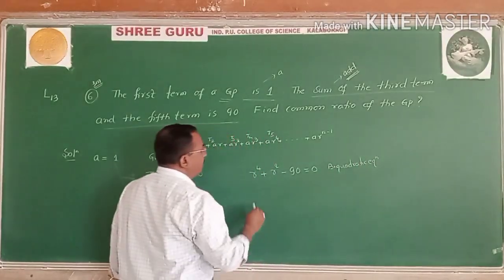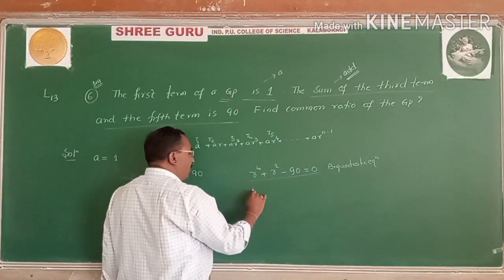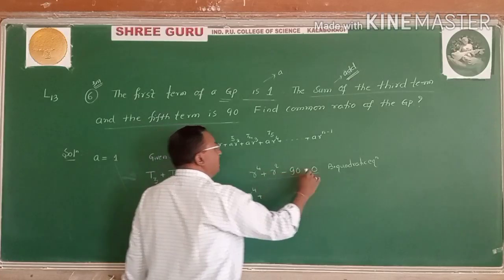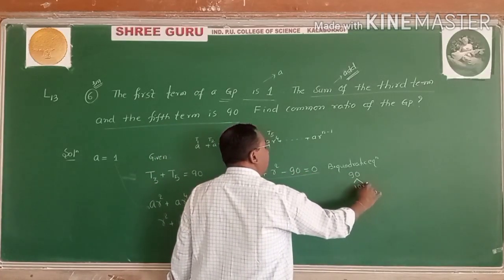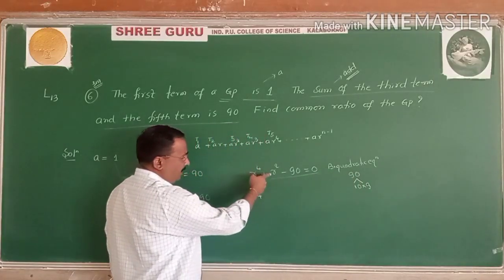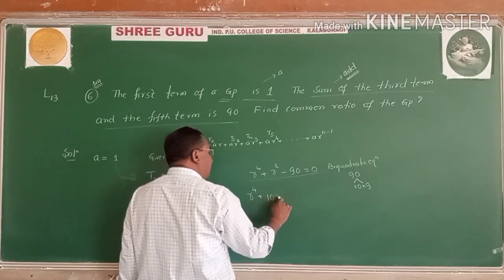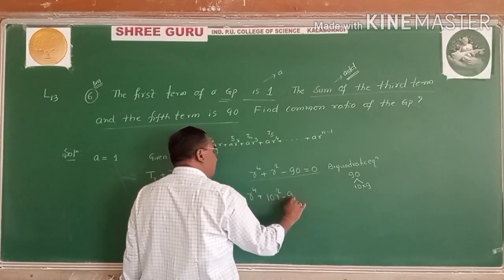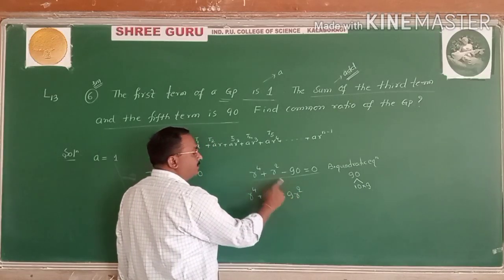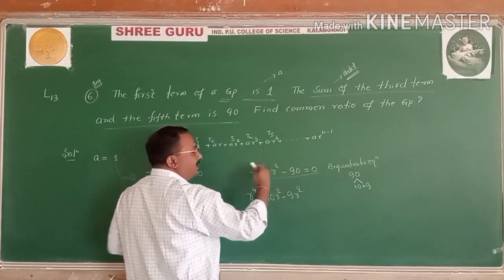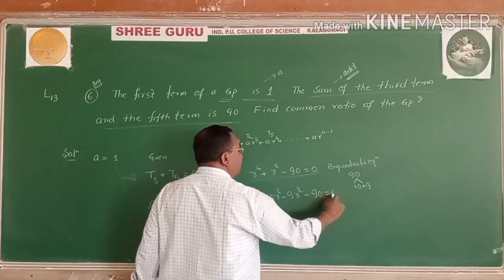Here R power 4 plus R square minus 90, we can express 90 as 10 into 9, 10 minus 9 is 1. So R power 4 plus 10R square minus 9R square, that is 1R square, minus 90 is equal to 0.